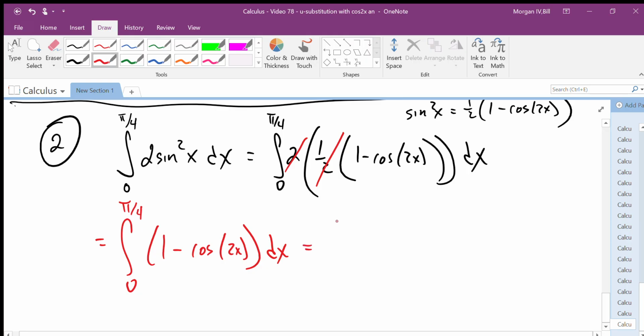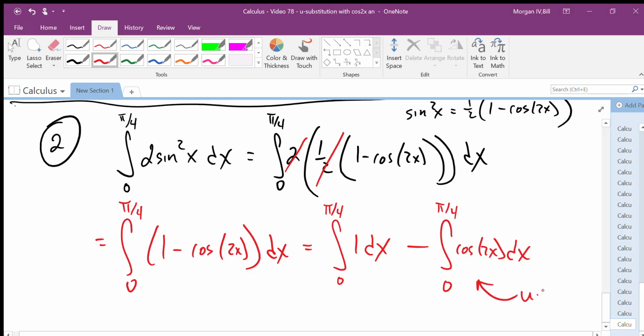But I want to separate this into 2 separate integrals. The first one, 0 to pi over 4 of 1 dx, I'm just going to leave, because I can integrate that, minus the integral 0 to pi over 4 of cosine 2x dx. I'm going to do a u sub just on this one on the right.